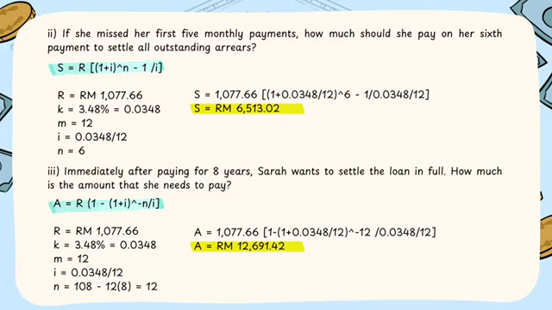The last question is number 3. Immediately after paying for 8 years, Sarah wants to settle the loan in full. How much is the amount that she needs to pay?